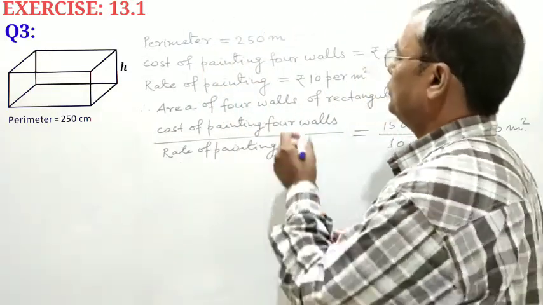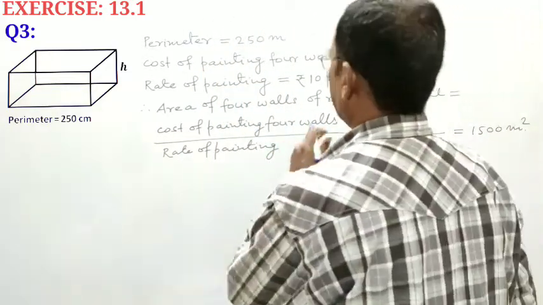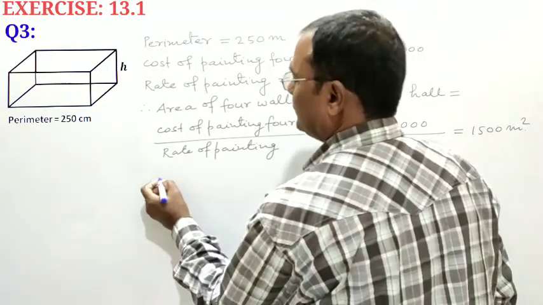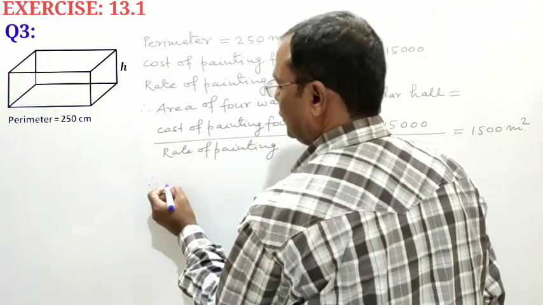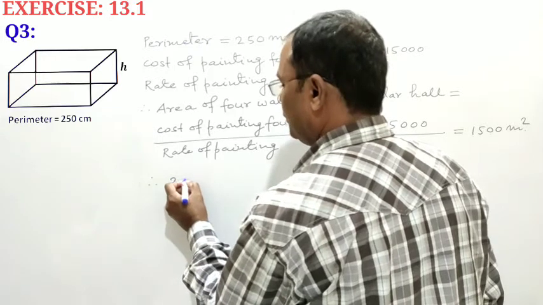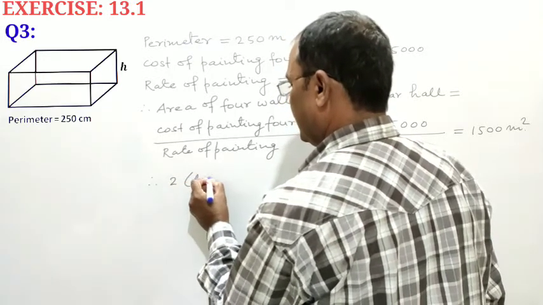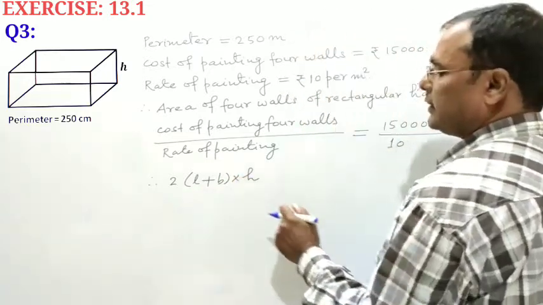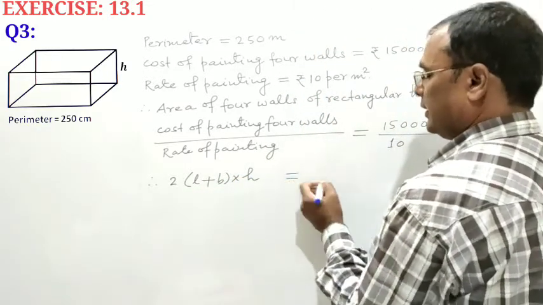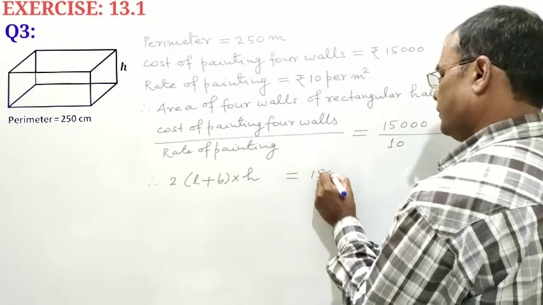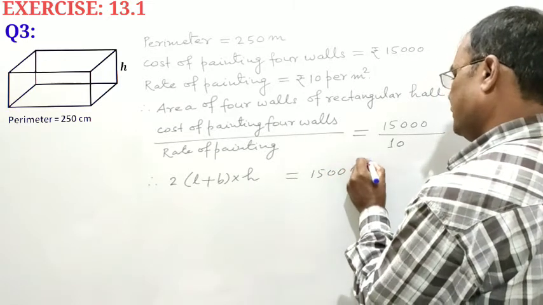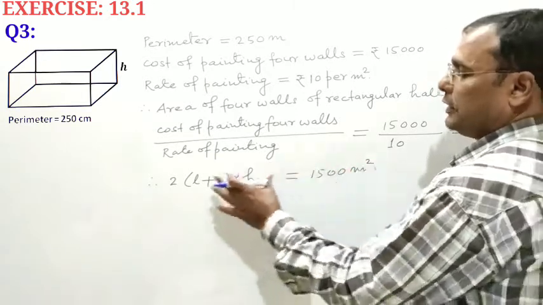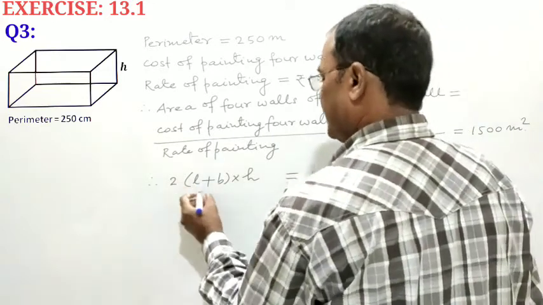So for area of four walls of a rectangular hall, we can use this formula 2 into length plus breadth into height. This is area of four walls and it is 1500 meter square.